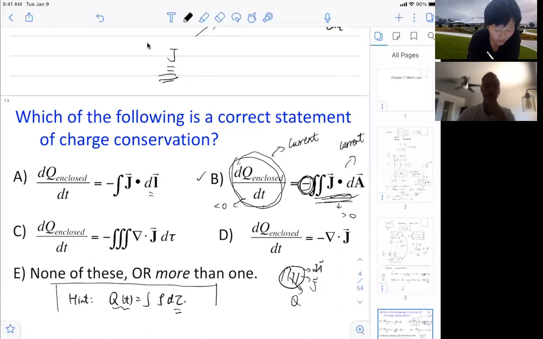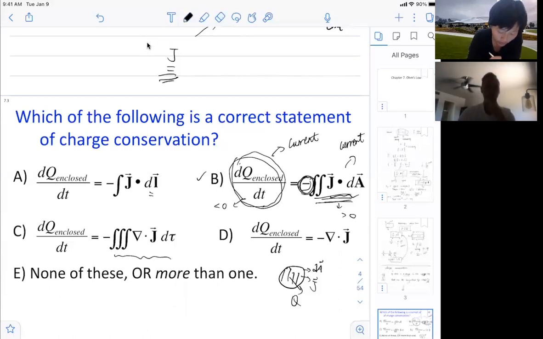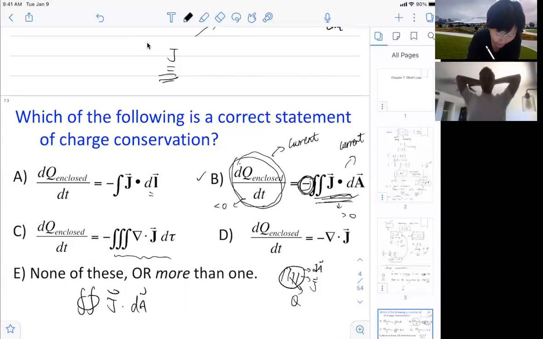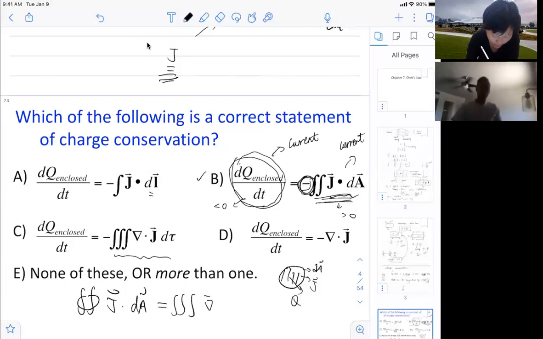C, the left-hand side is the same, the right-hand side is slightly different. So what do you think about, okay, I'm going to give myself more space. J dot dA is equal to divergence of J times d tau. Are they equal?